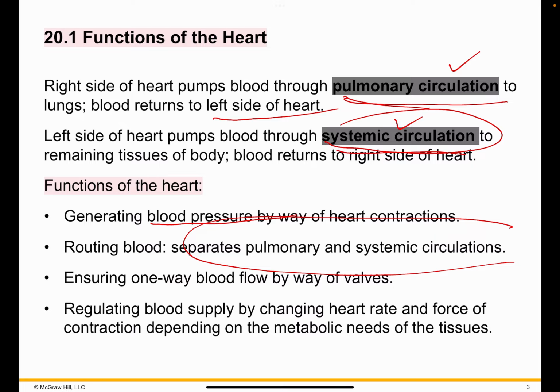The heart also contributes to maintaining homeostasis, helping regulate body temperature, pH, and fluid balance through continuous circulation. To remember the heart's role: the right side pumps blood to the lungs, while the left side pumps blood to the rest of the body. That is the main function of the heart.